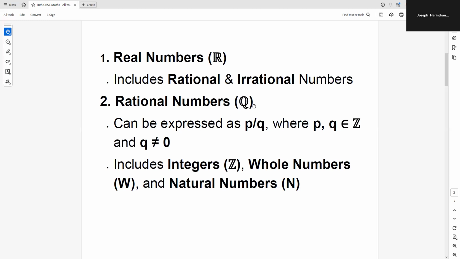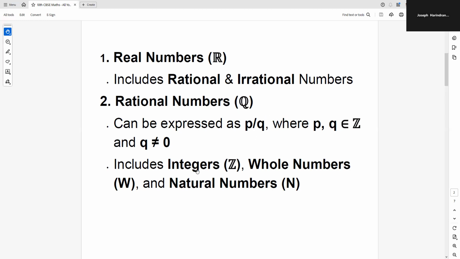Rational numbers, denoted by capital Q, can be expressed in the form P by Q, where P and Q belong to Z, the set of all integers, and Q is not equal to 0.